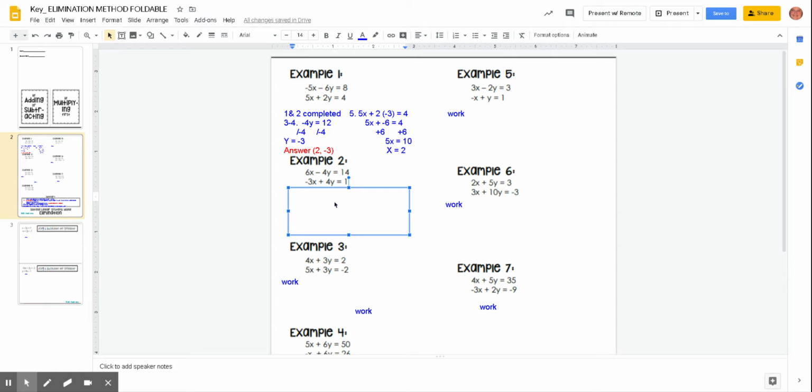We know that 1 and 2 have been completed for us, so this is actually step 3, 4. Where we know we have 3x now equals 14 and 1. So 14 plus 1 is 15.